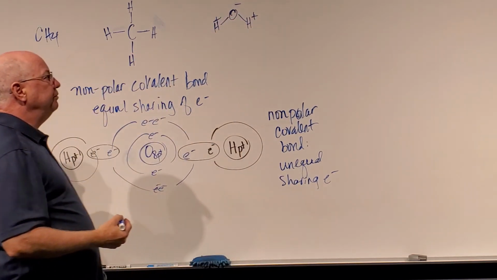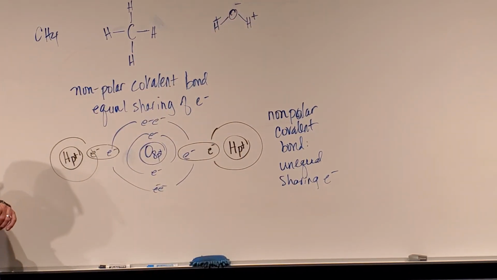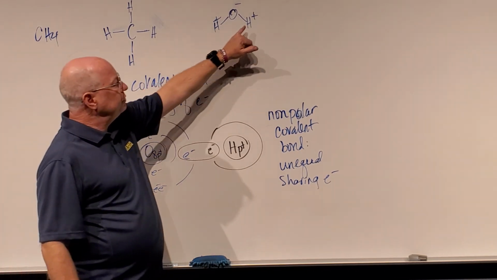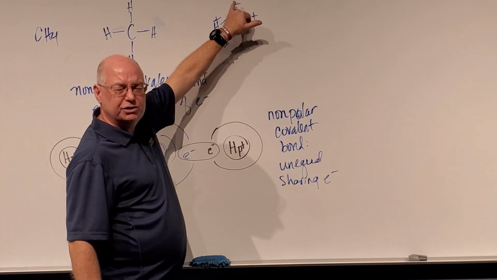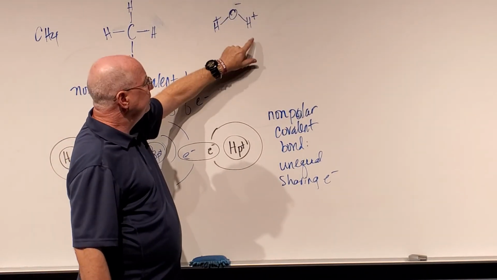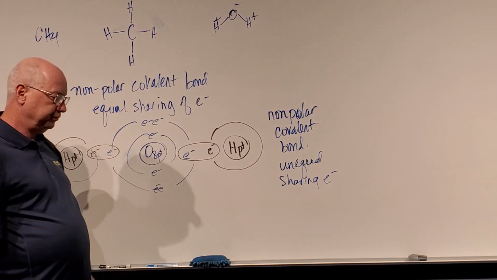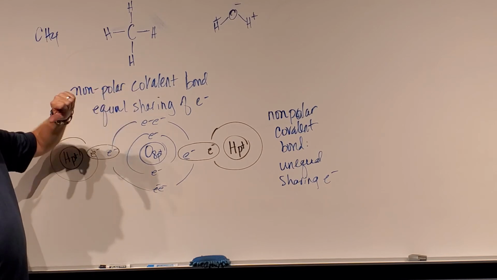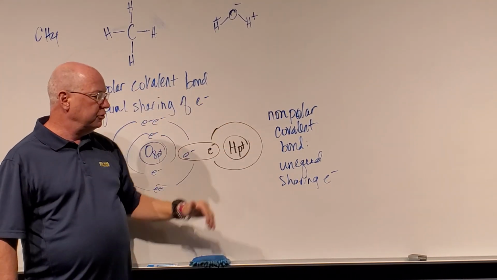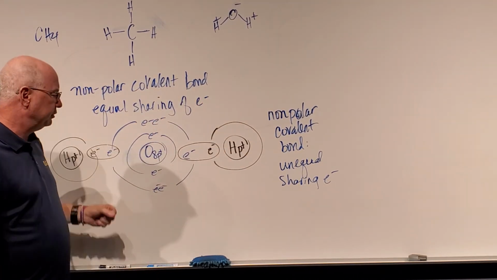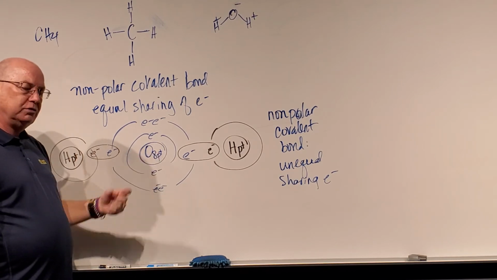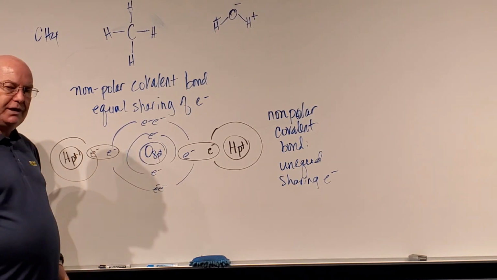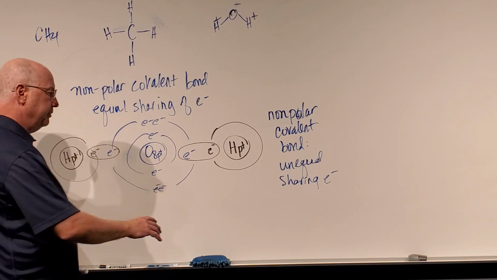There's a little bit more of a positive charge and a little bit more of a negative charge because the electrons are spending more time over here. This is slightly more negative than the two hydrogen atoms. So a nonpolar covalent bond has equal sharing of electrons. A polar covalent bond has unequal sharing of electrons based on the pull of the nucleus of the atom. And that's about all I'm going to say about it for now.